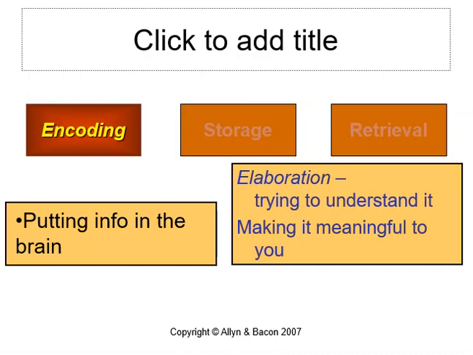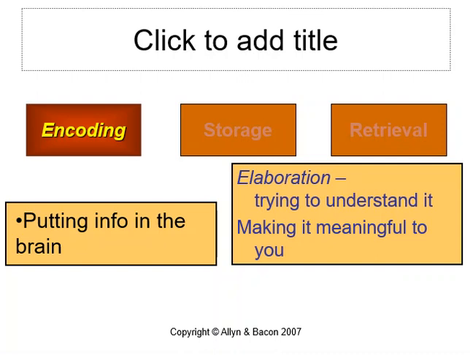Encoding is putting information into the brain. We do this through the process of sensation, and we use selective attention to decide what information we're going to take in and encode from sensation. One thing that we can do to increase our chances of encoding information purposefully is using elaboration.